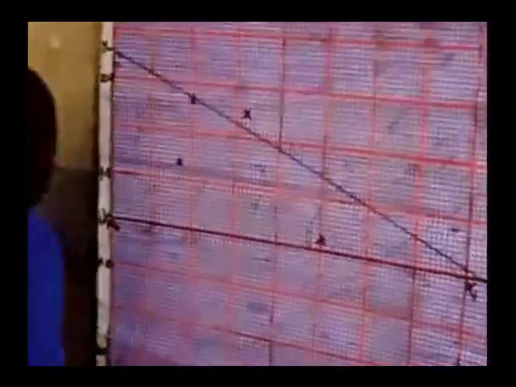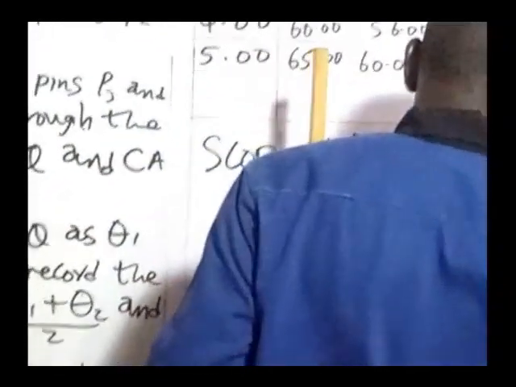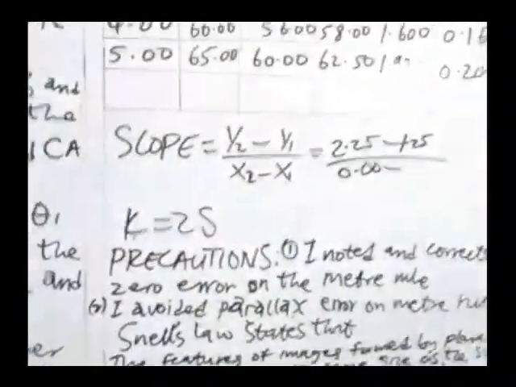So our y2 is 2.0, 2.1, 2.2, 2.25. Our y1 is 1.25. Our x2 is 0. Our x1 is 0.81.